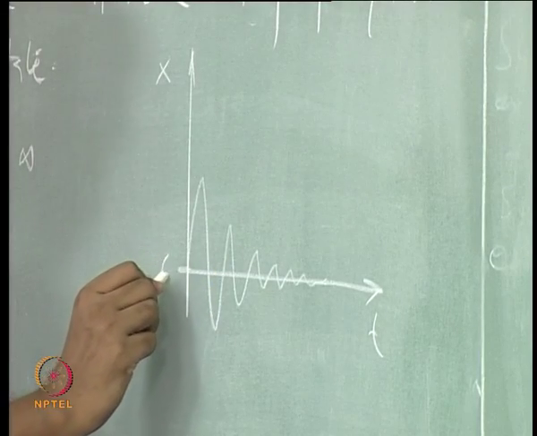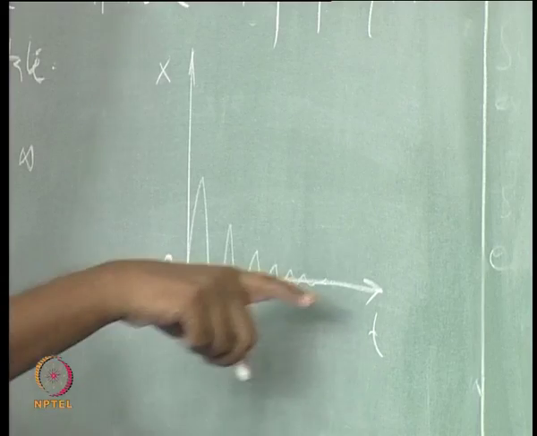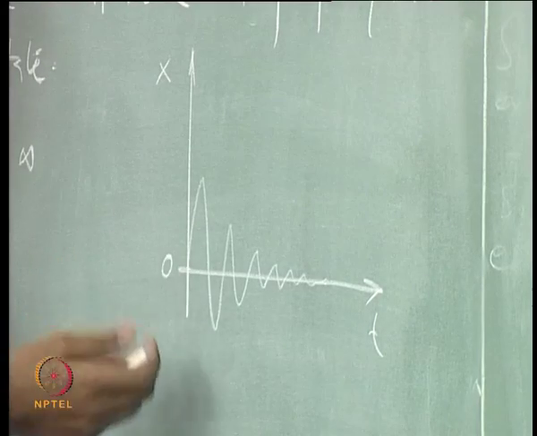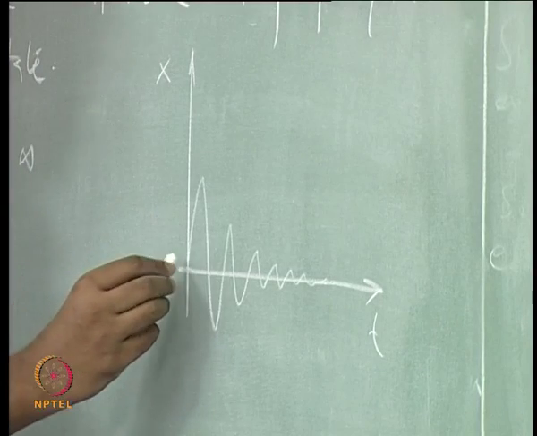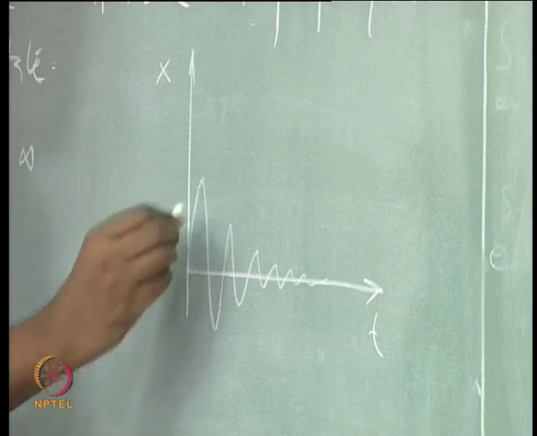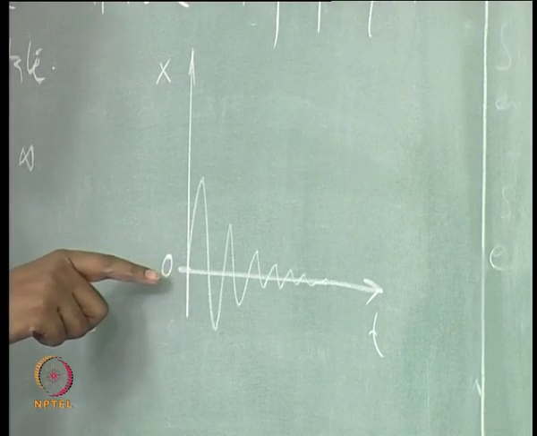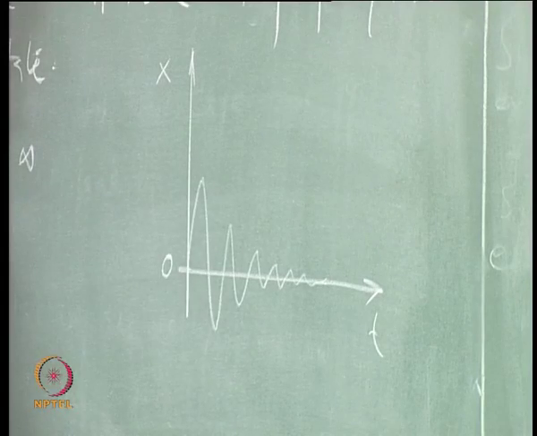So, here x equal to 0 is the equilibrium state, and because of the external disturbances or perturbation, this is the response in x from this equilibrium condition, and we look at the time history.